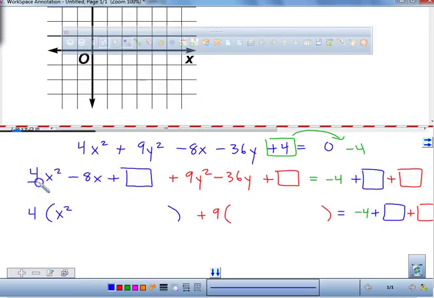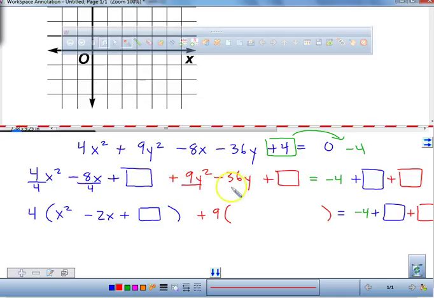Now, at this point, how do you factor out a 4 out of this expression? Well, all you have to do is divide by the number that you're factoring out. What are we factoring out? 4 divided by 4 divided by 4. So we put x squared, because 4 divided by 4 is 1, so that's 1x squared. Negative 8x divided by 4 is a negative 2x. And now I'm going to place that square right inside that parentheses.